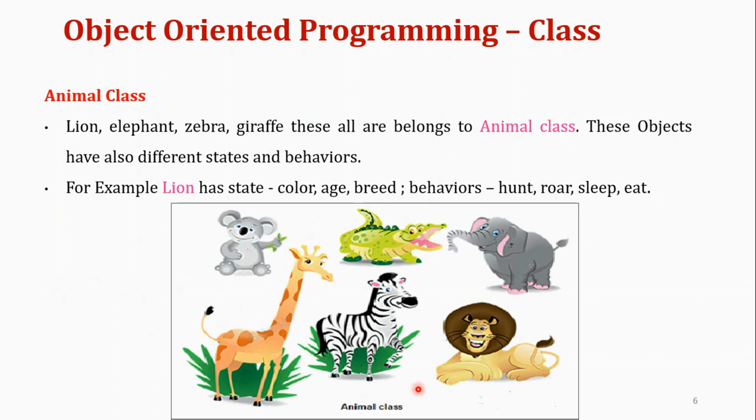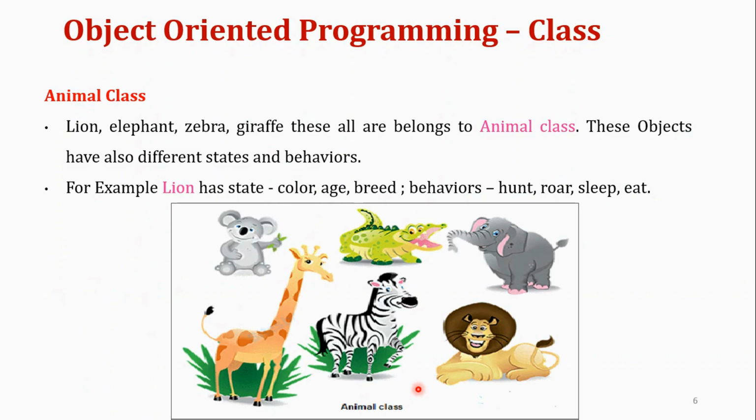If you take any animal as an object, it has its own properties, like what breed it is, the color, complexion, and eating habits. These are all the state. Behavior means how it reacts, how it acts: hunting behavior, sleeping behavior, or roar.